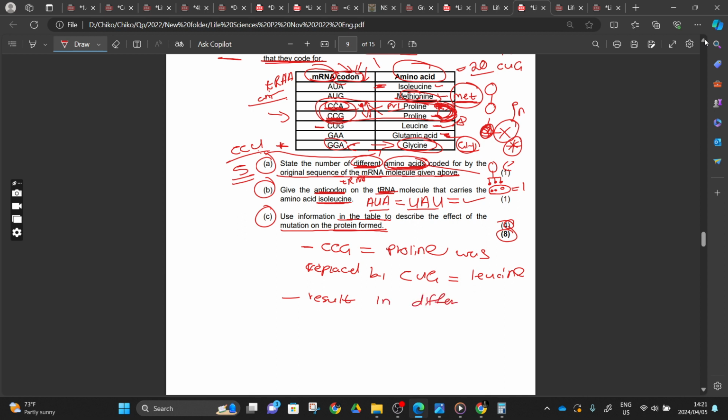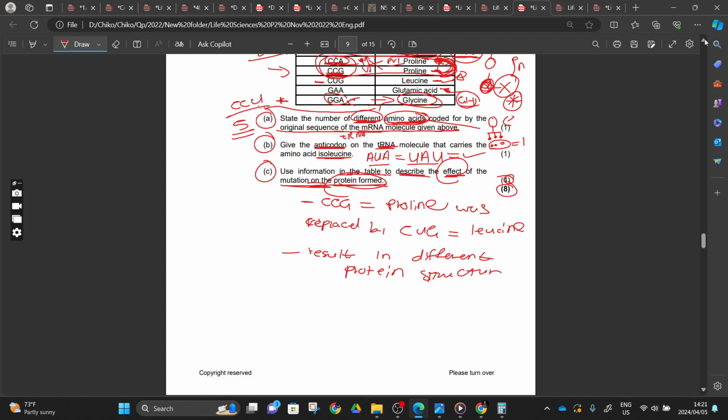So with these two, this results in a different protein structure. But use the information in the table to describe the effect of the mutation. We want the effect of the mutation on the protein formed. Since this is resulting in a different protein, it means that the protein will be or can be affected.